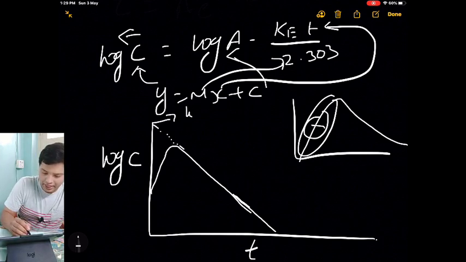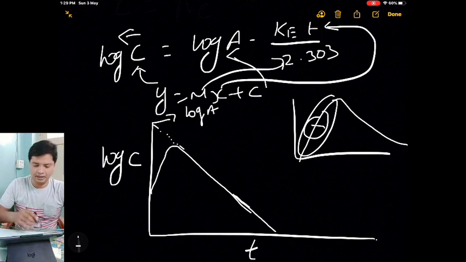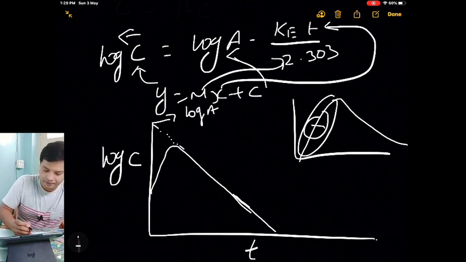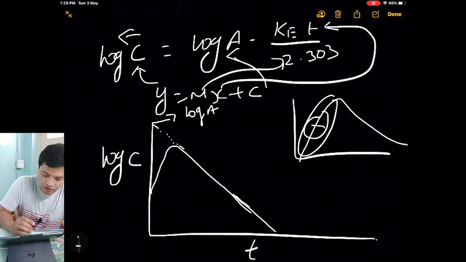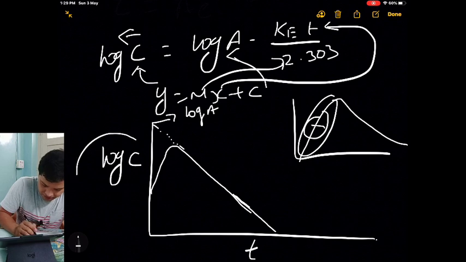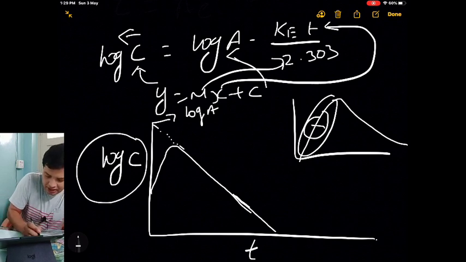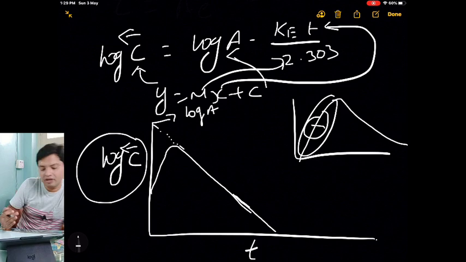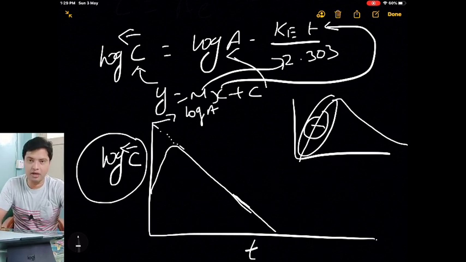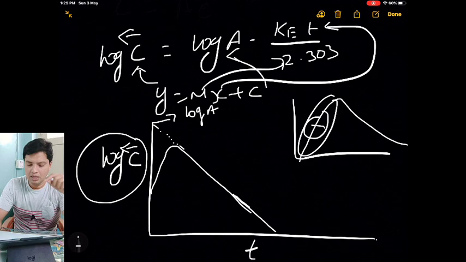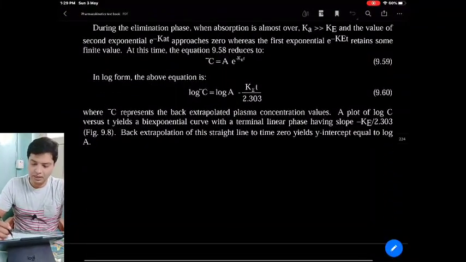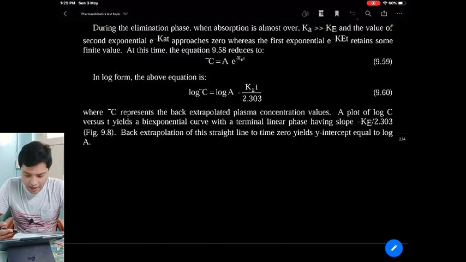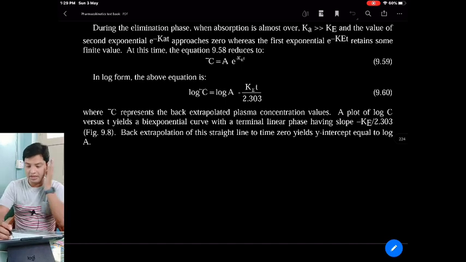This will be your log A. Because we extrapolated this graph, the concentration will be represented like this, which indicates that we are extrapolating the graph, hence the concentration will be indicated by a reverse arrow. So you can also calculate your Ke value from this, by the exponential curve with the terminal linear phase.